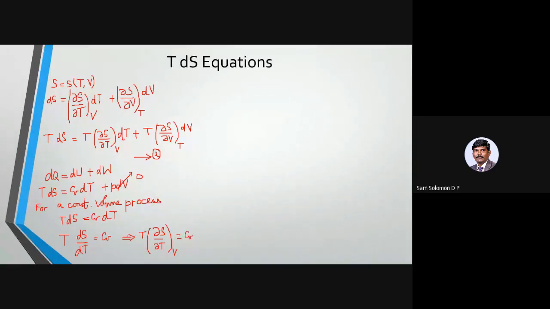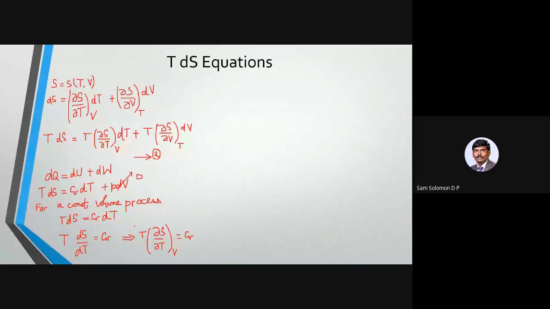Here, entropy is a function of temperature only, so it is a simple differential equation. Now I have said the volume is constant. So if S is a function of T and V, I can convert this differential equation into a partial differential equation. Both of them are one and the same.